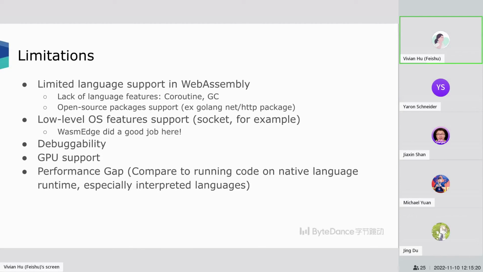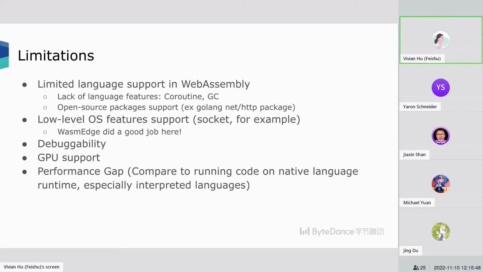Lastly, this is the last slide. I will discuss some current limitations that we are seeing in the production space on onboarding more applications towards WebAssembly. So first is lack of features. Right now we don't have garbage collection, or goroutines for the Go language. Then there is the compilation part.